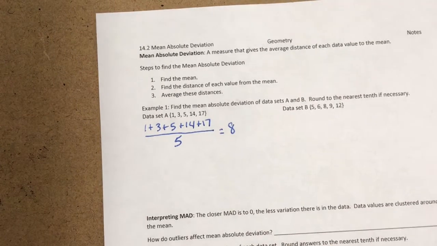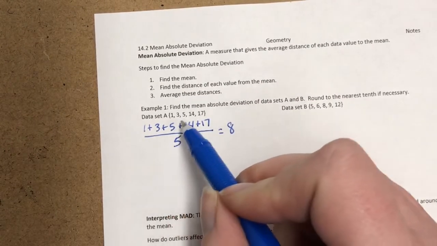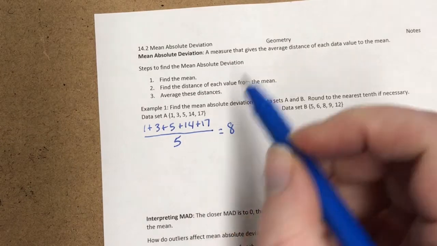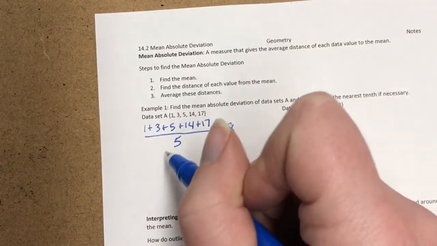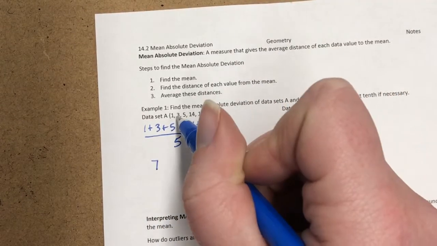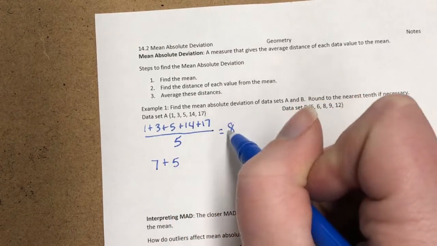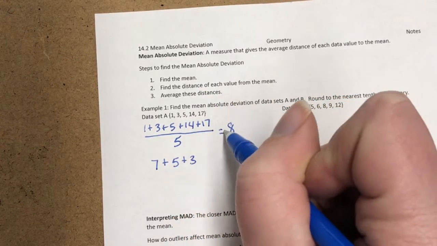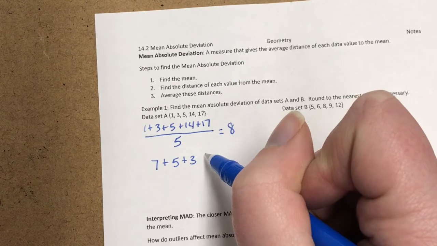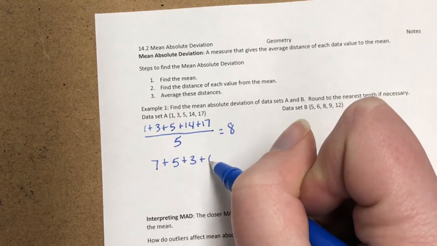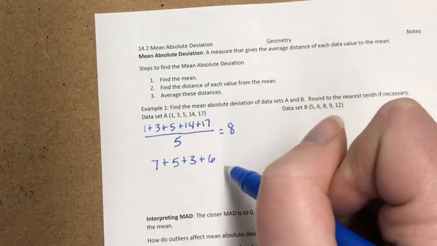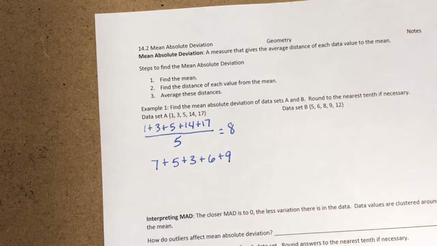So then I have to find the distance from 8 to each of these data values. So I'll take 8 minus 1, 8 minus 3, 8 minus 5, 14 minus 8, which should be 6, and 17 minus 8. I just want the distance.